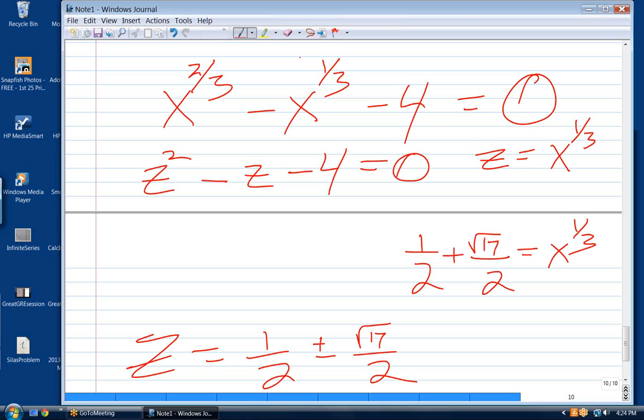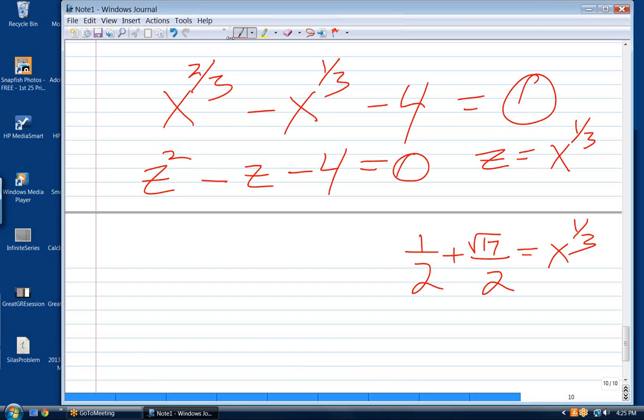Right. So what's X equal to? Well, how do I get X all by itself on one side of the equation, isolated?